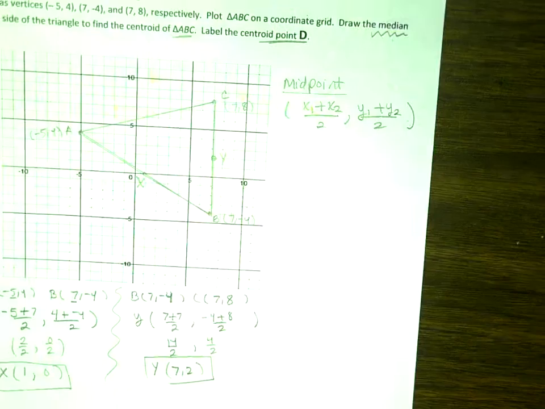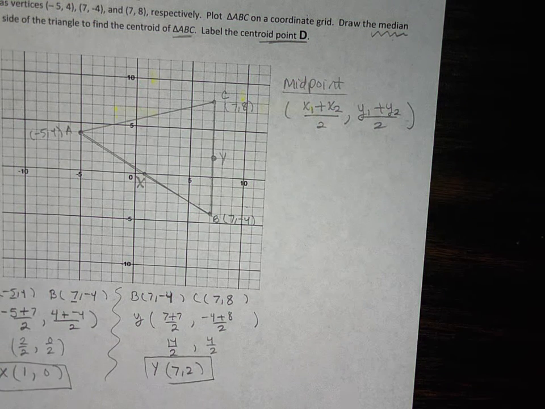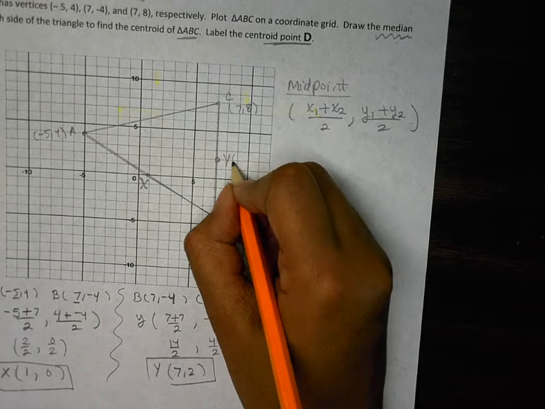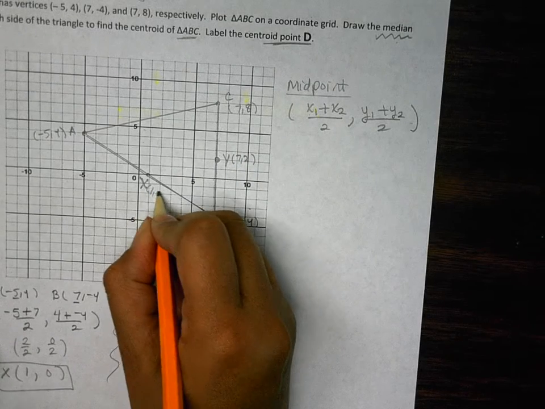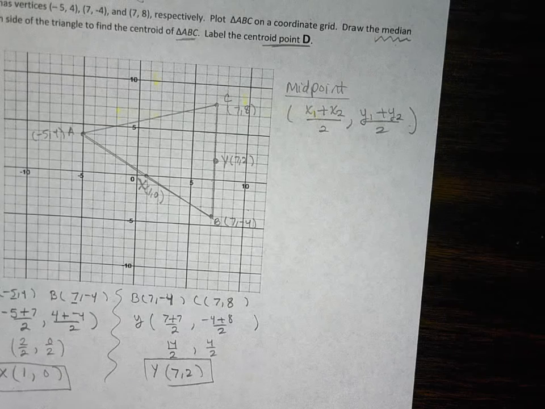All right. Did anybody plug it in or count? Either way, do you guys have your answer? What did you get? 7, 2. All right. Any questions on how we found the midpoint of BC?